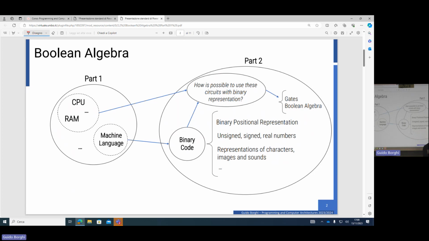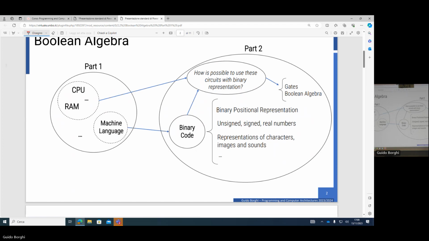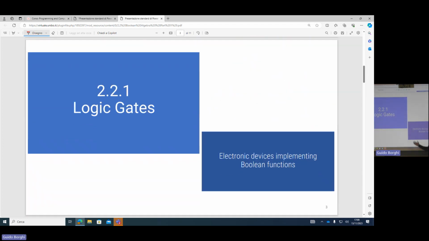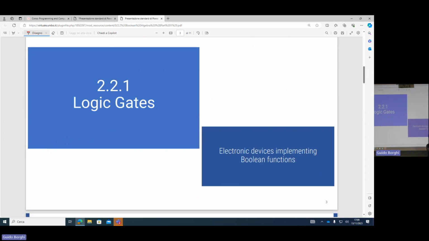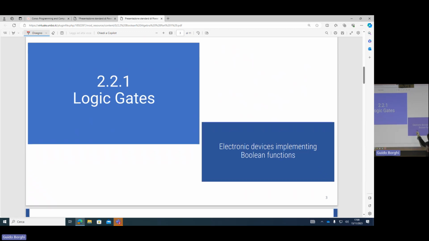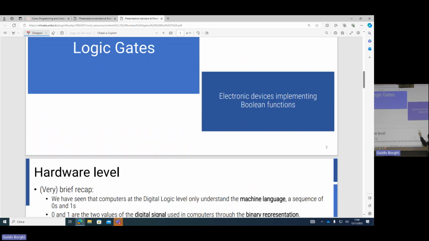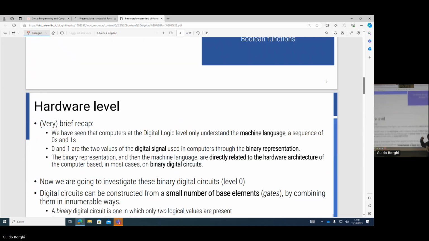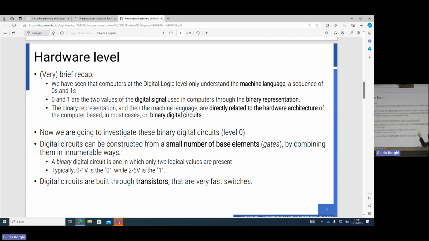Okay, so we are going to merge these two worlds, okay, binary representation and digital circuits. So we are going to introduce logic gates, okay. Remember that here in this case we are at level 0 of our multi-level machines, okay. In a few slides, I'm going to show you the transistor symbol. So we are going to play with transistors, okay? We are at a very low level.